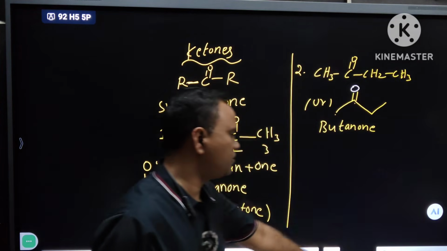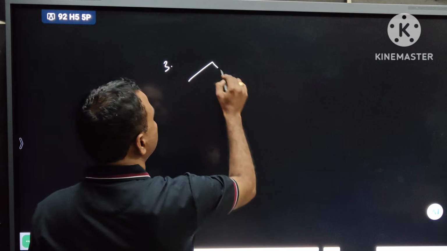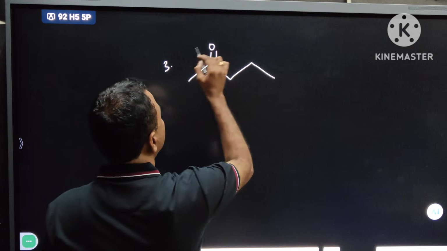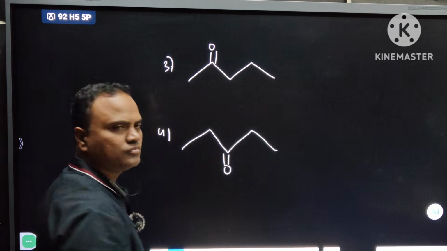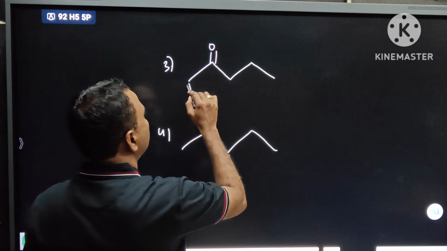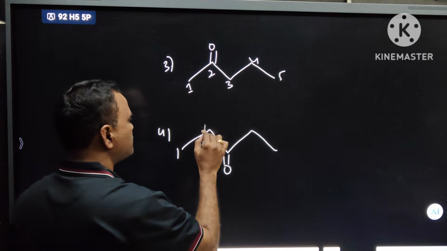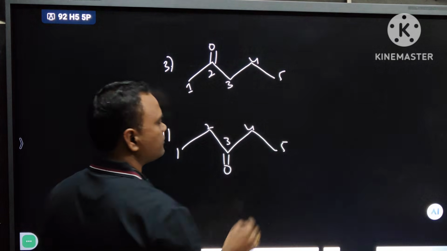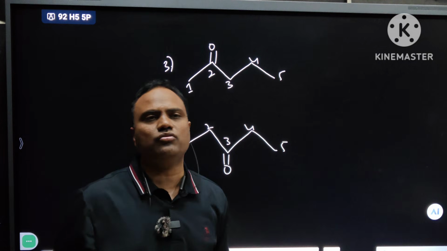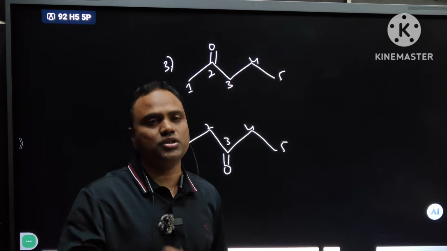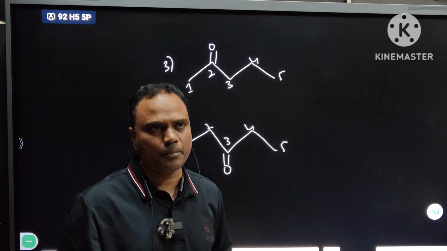Let us see this example. First of all, give numbering 1 2 3 4 5. When the carbon number is 5 or greater than 5, in case of ketones, I am talking in case of ketones, we should mention the numbering.